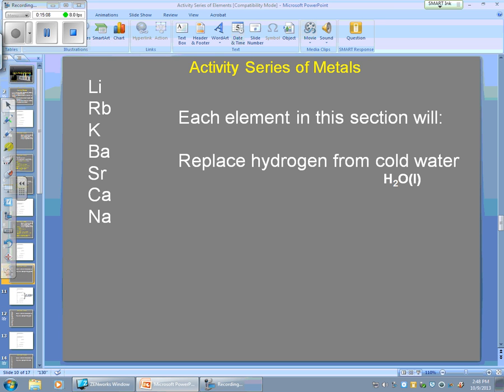And let's try this again. So, sodium plus H2O liquid is going to react. So we do have a reaction here. And what it's going to form is a metal hydroxide. What metal? Well, the only metal we have here, sodium.